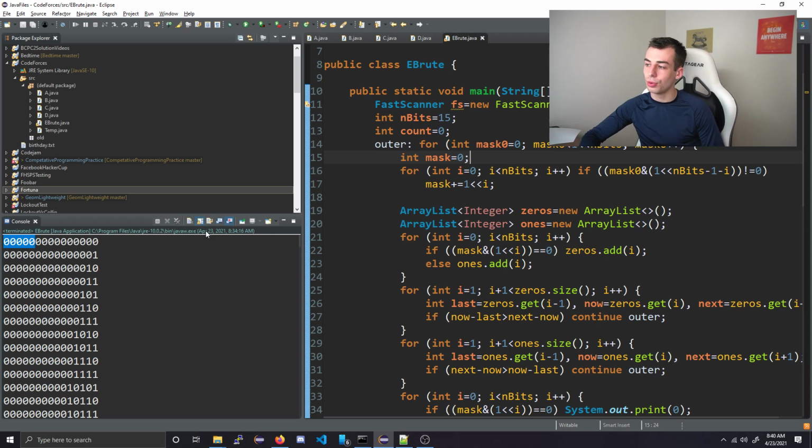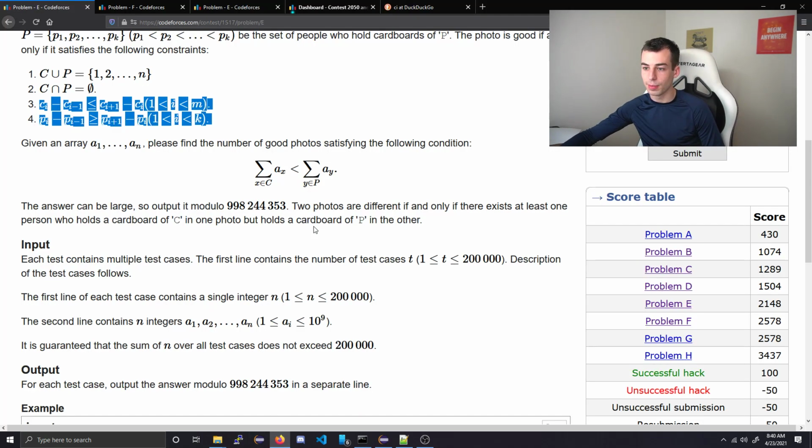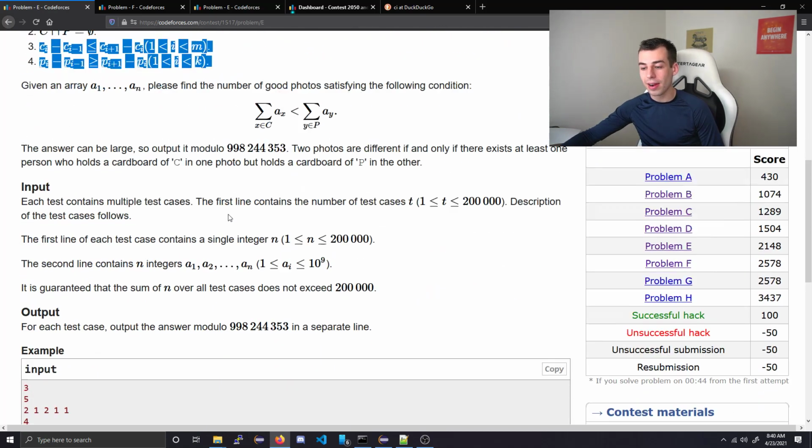So yeah, it's going to be some prefix sum shenanigans and some other stuff. Okay.